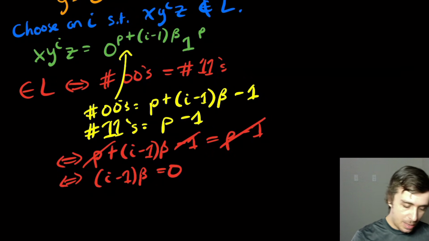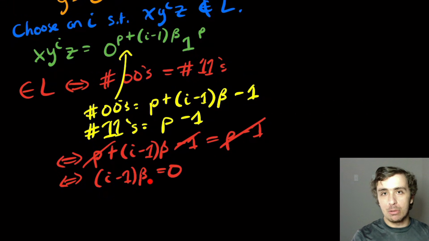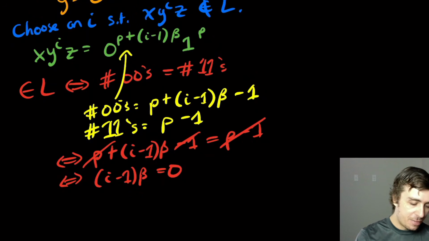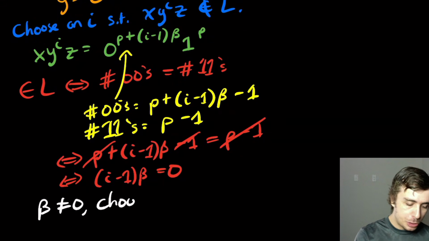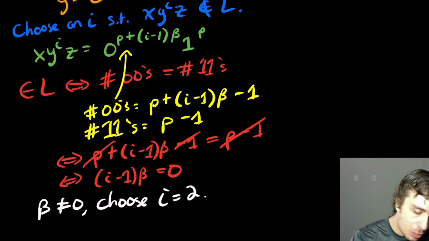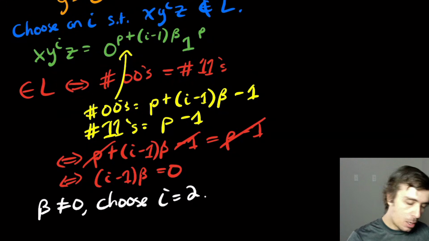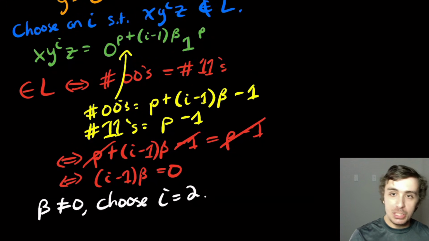And that would imply that either i is equal to 1 or beta is equal to 0. Beta is not 0 by definition. So let's choose some value of i that's not 1. Let's pick 2. You can pick any value of i that you want as long as it's not 1.